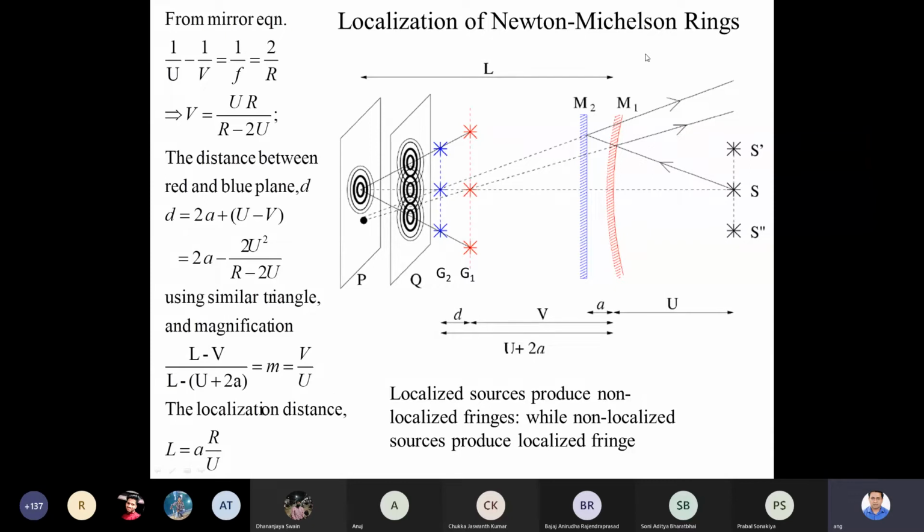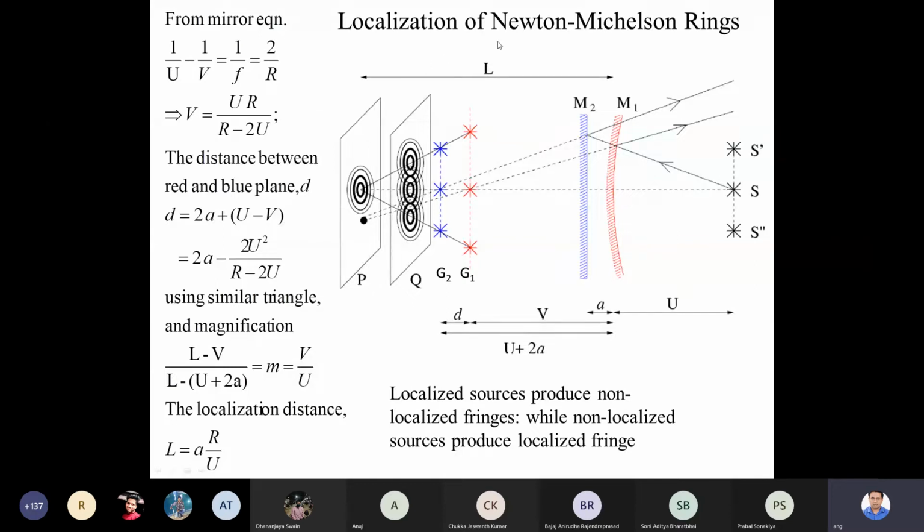It may have circular fringes, parallel lines or some curved lines, depending on the image of the second mirror compared to the fixed mirror. So that will give you different rings.